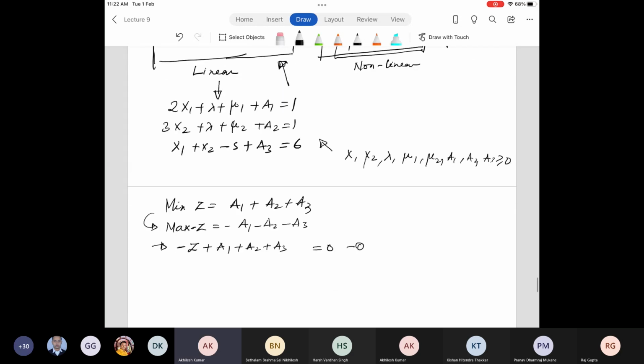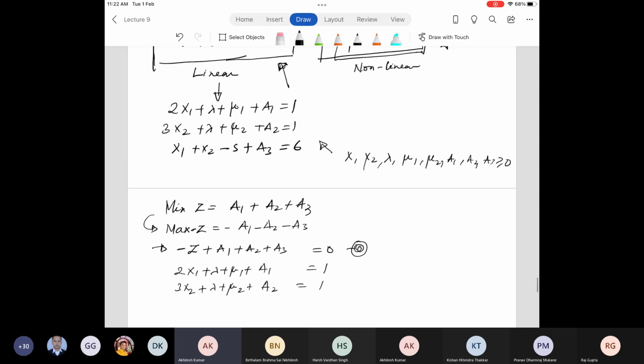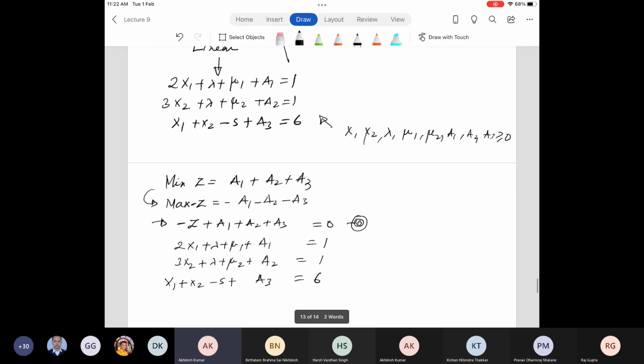This is my equation 0. My other equations remain as they are: 2x1 plus lambda plus mu1 plus A1 equals 1, 3x2 plus lambda plus mu2 plus A2 equals 1, and x1 plus x2 minus s plus A3 equals 6.